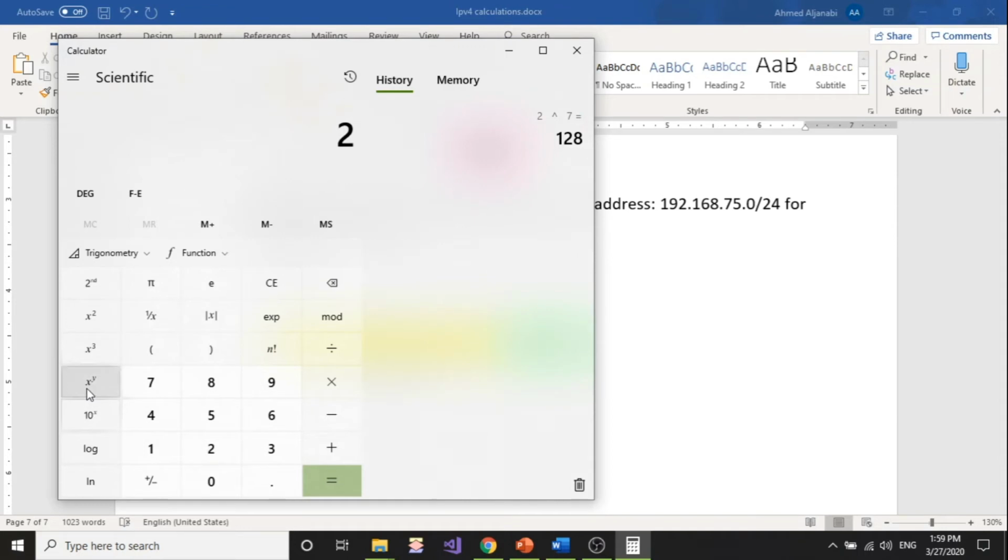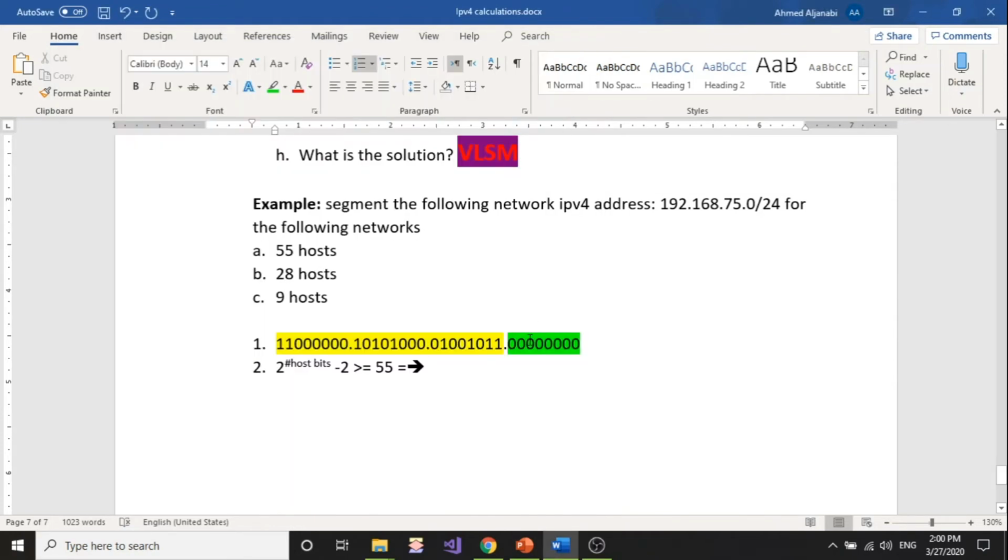So 2 to the power of 6 equals 64 minus 2, and that is 62. What if 2 to the power of 5? Well, 2 to the power of 5 is 32, so it's not going to work. So I need 6 bits here to borrow.